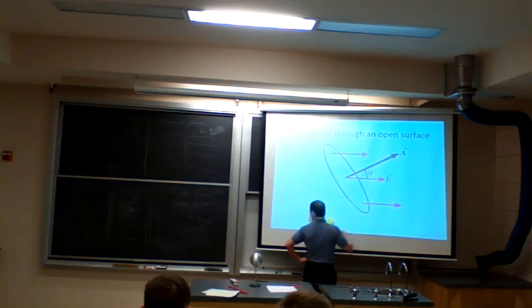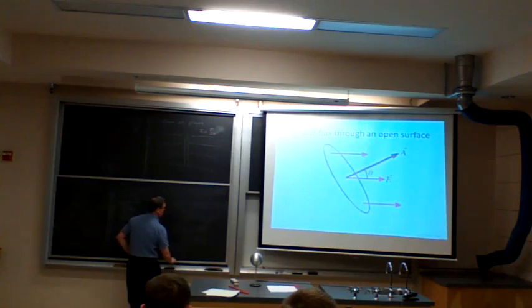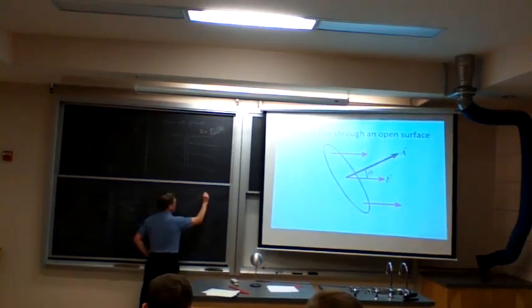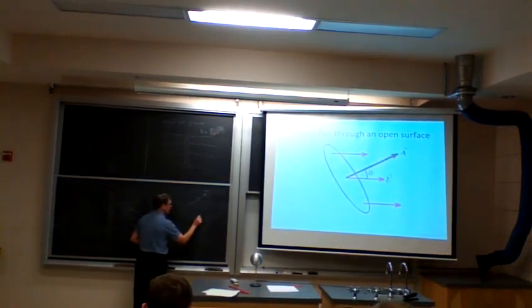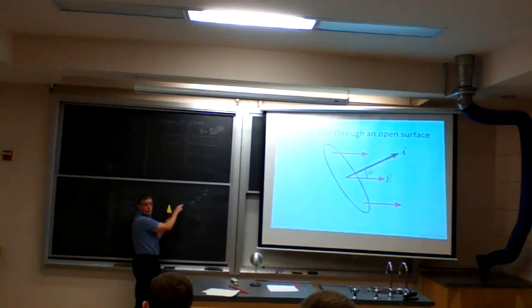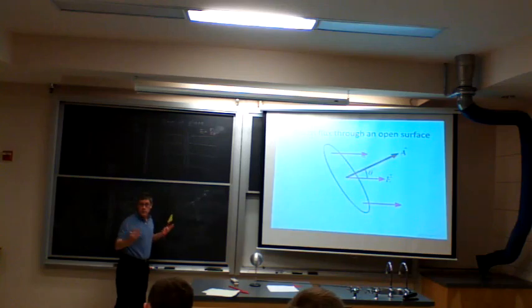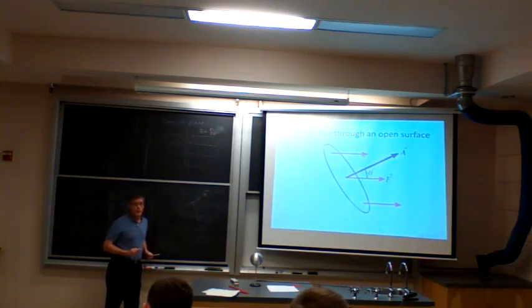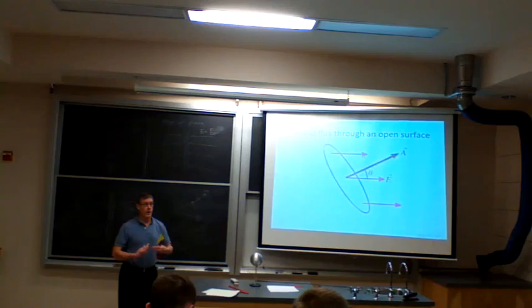If you look at the area vector that's perpendicular to the surface, and at the component of the electric field that's perpendicular to the surface, that component going through, times the area, gives you the flux. That's where the dot product comes from. We will go over this idea of flux, field lines, and Gauss's law.